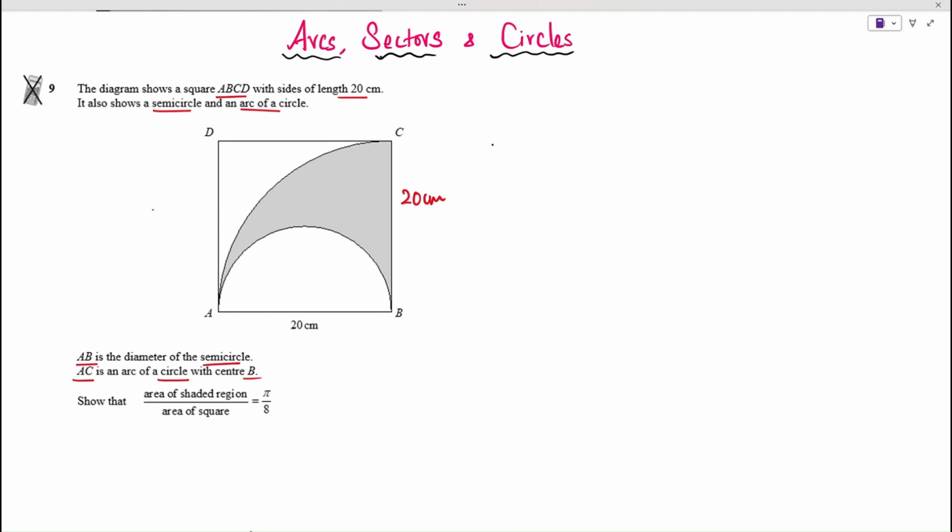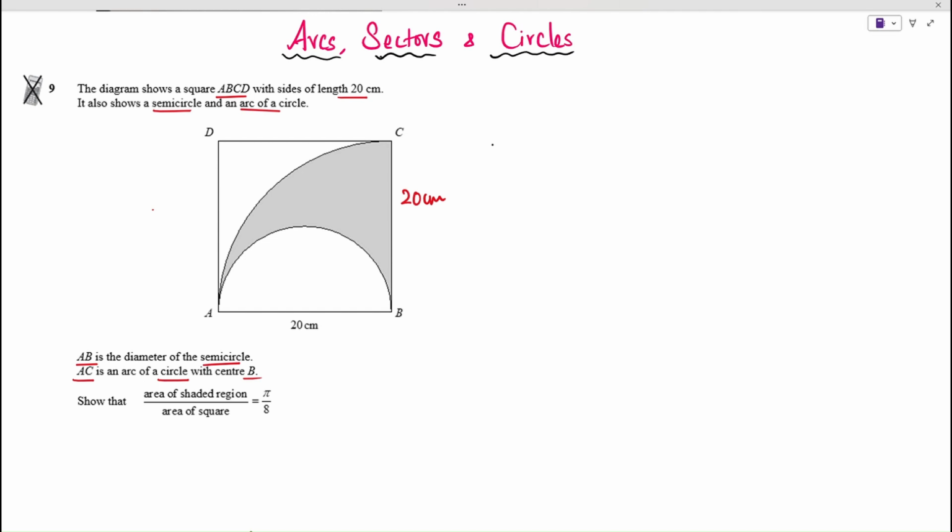So to find the area of our shaded region, we're going to have to find the area of our sector, and we're going to subtract the area of our semicircle. To find the area of a sector, we know that in a square, every angle is 90 degrees. And 90 degrees is 1/4 of 360 degrees, and that's the angle around the point.